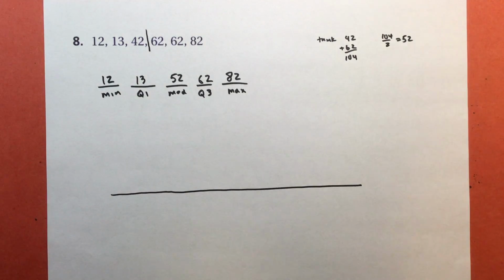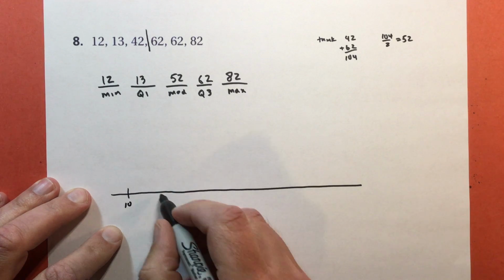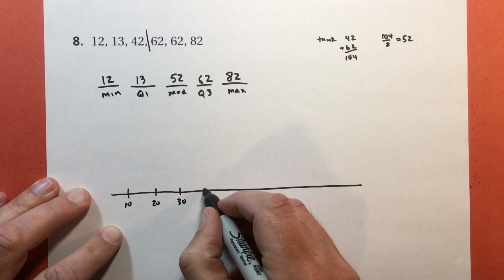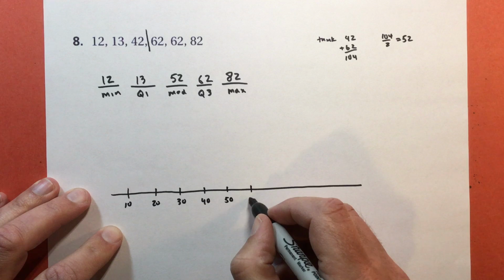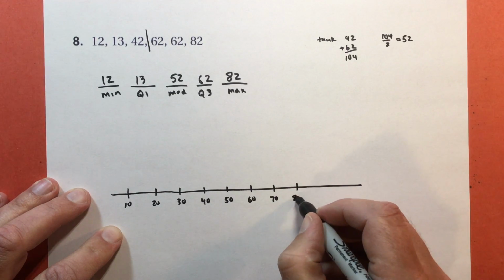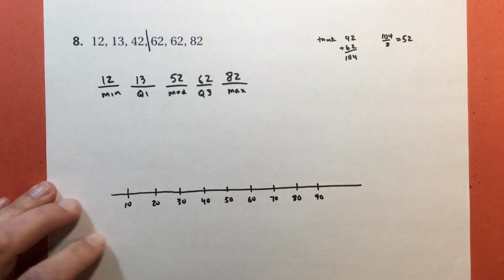I think what I'm going to do is go by tens, and I may not be able to draw all the marks between them, so I'm going to have to estimate. So I'm going to start here with 10, and then I'll go 20, 30, 40, 50, 60, 70, 80, and since I go more, I'll go to 90.